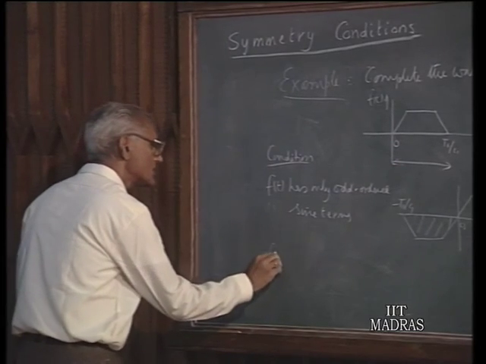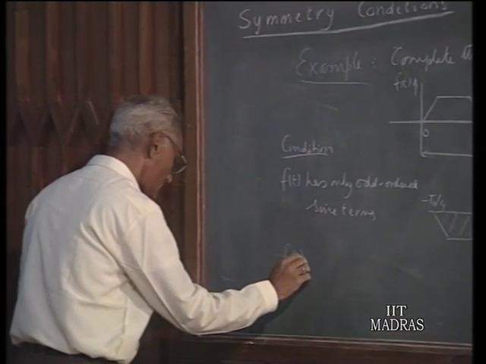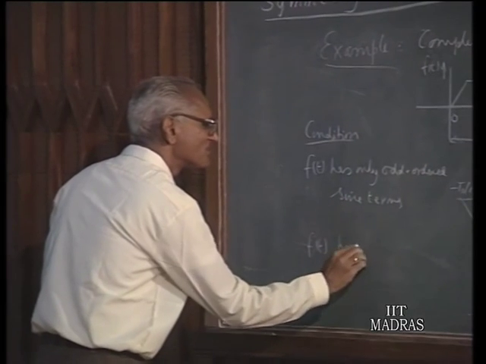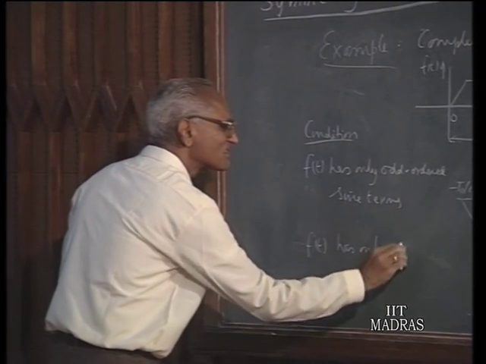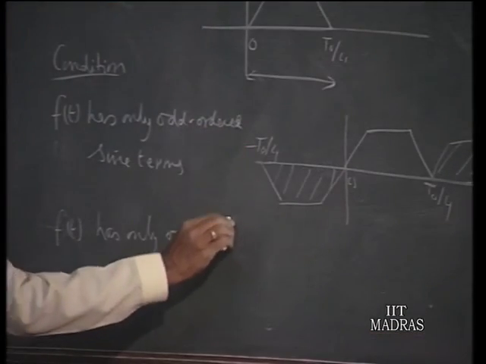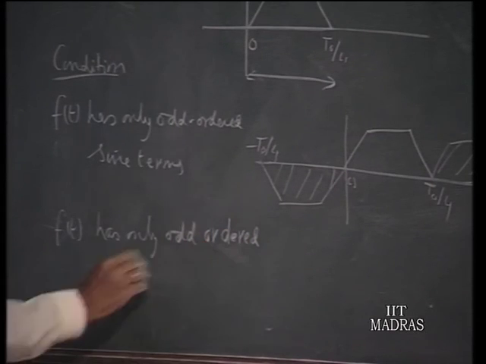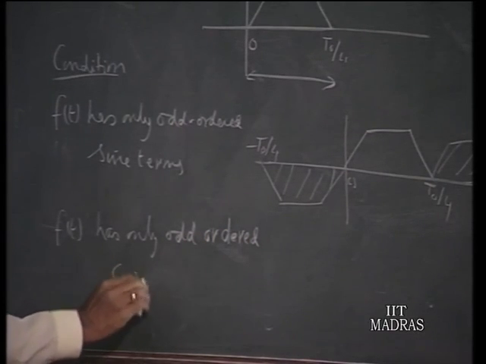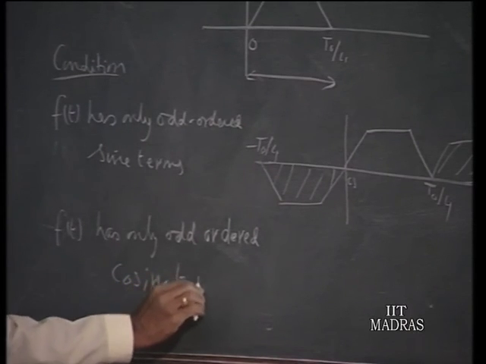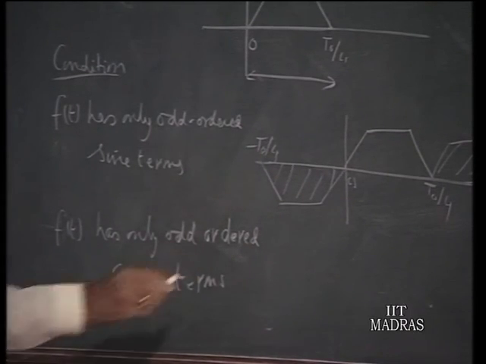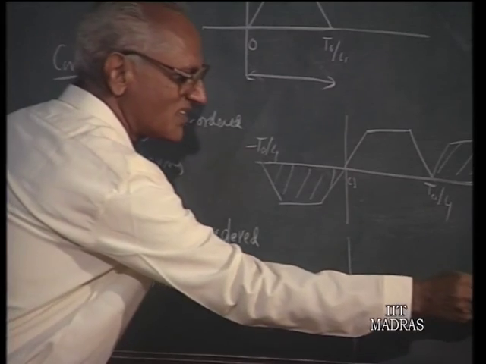So, suppose it is said that f of t has odd ordered cosine terms, then how does it go?